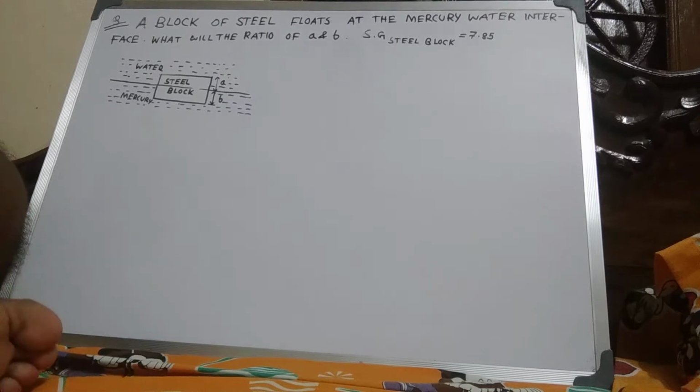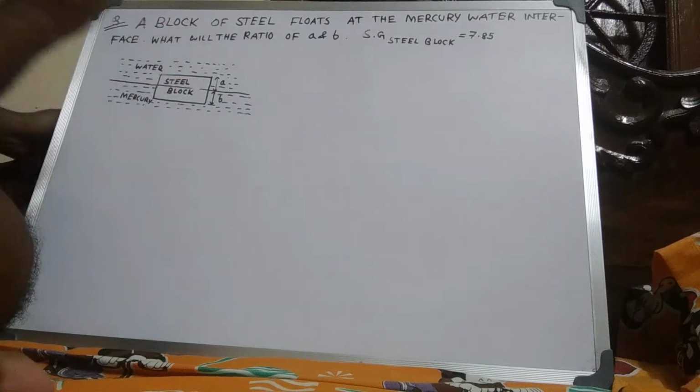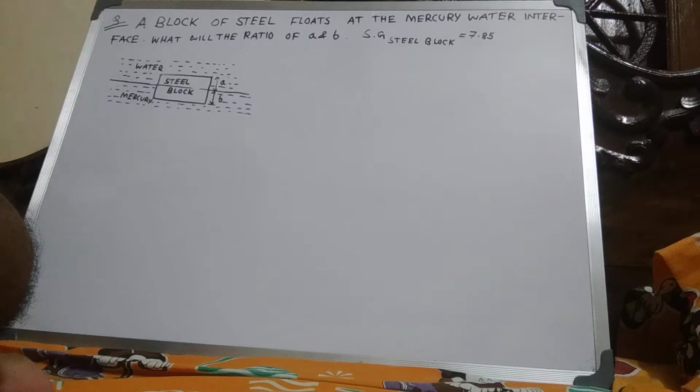Now how to solve this? A steel block is floating in water and mercury.